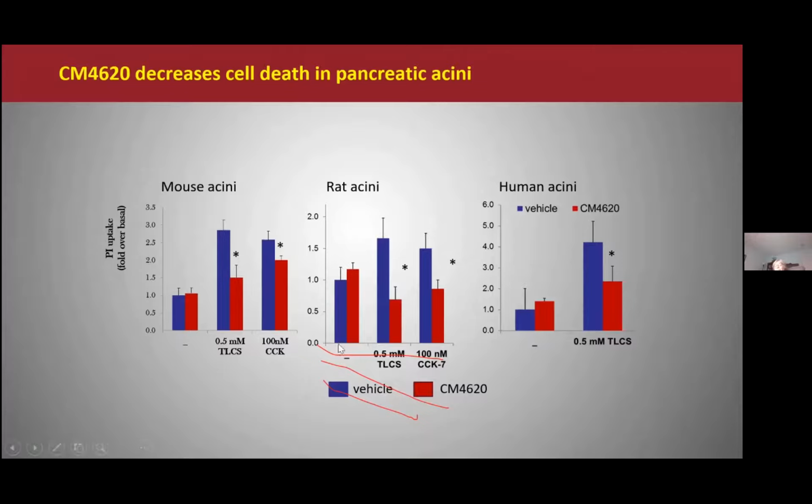And we stimulate cells with either taurolithocholic acid sulfate or high doses of CCK. And you can see that compared to control, each of those stimulants cause an increase in propidium iodide uptake, but that's blocked both in mouse and in rat as well as human acini by the CM compound that's, again, an ORAI1 channel inhibitor.